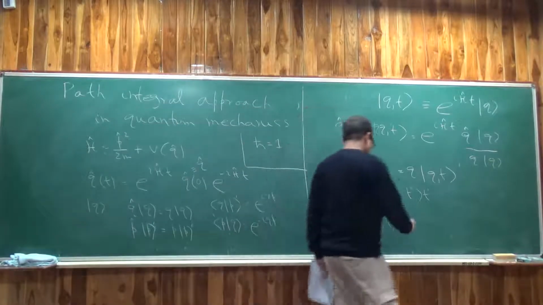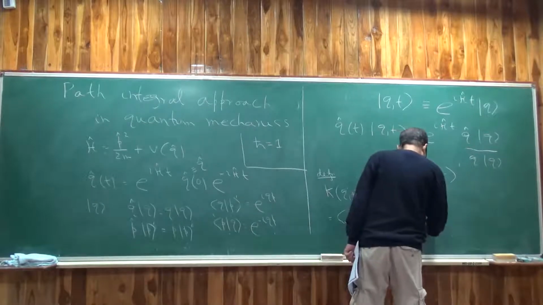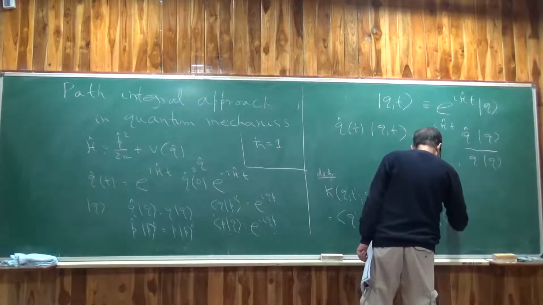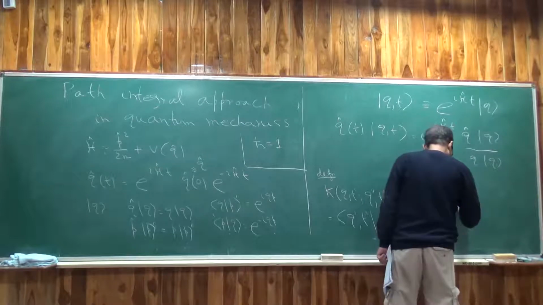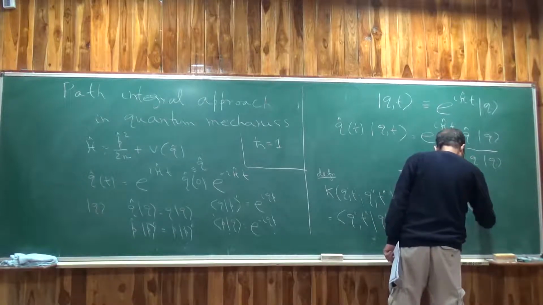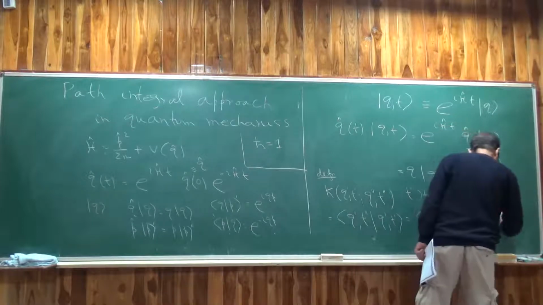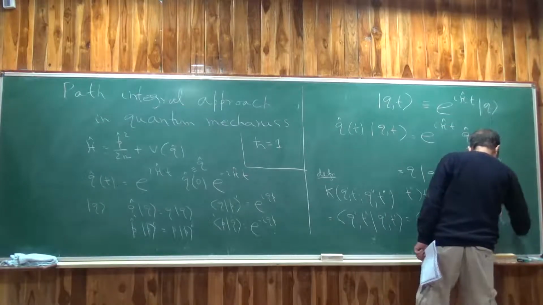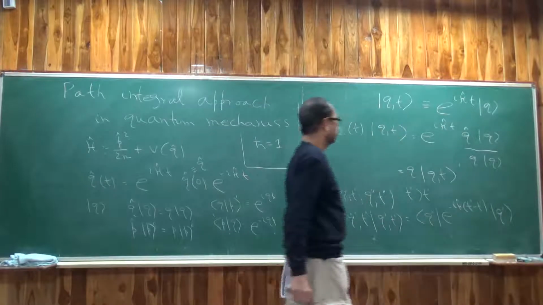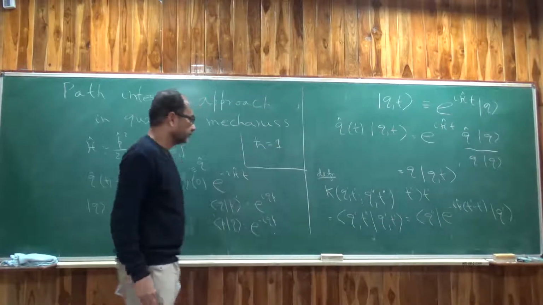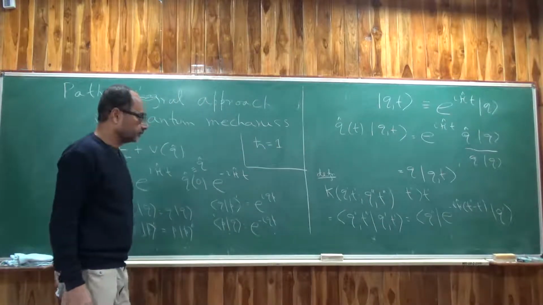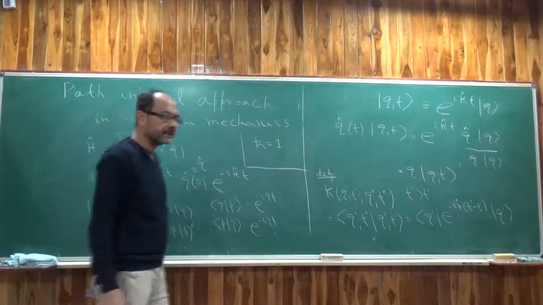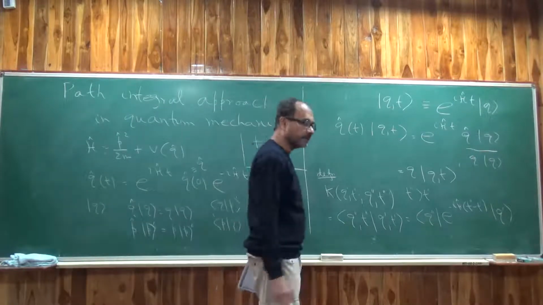So this I can write as q double prime. So we are working in the Heisenberg picture.